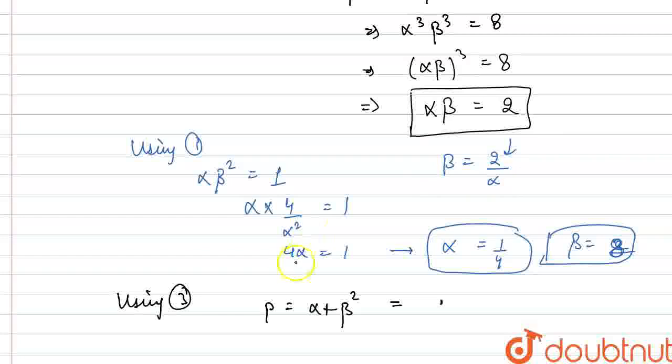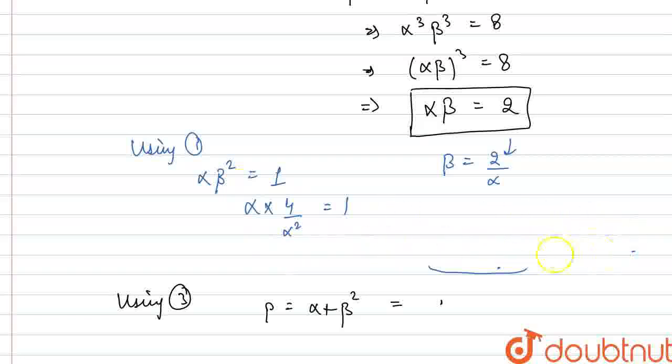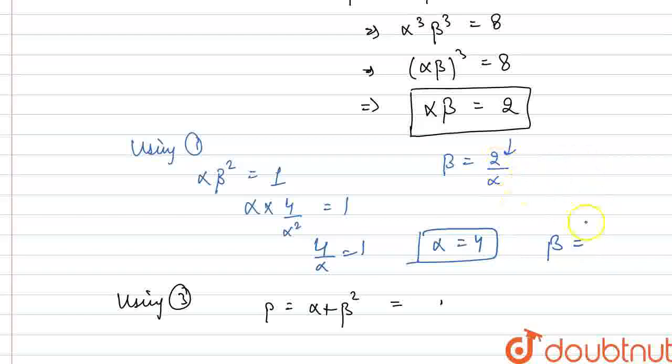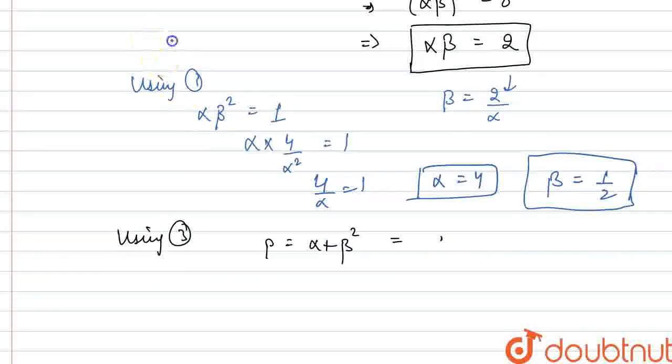Putting it here, this was written by mistake, let me just solve it again. This was 4 by alpha equals 1, so we get the value of alpha equals 4, and from here beta equals 2 by 4. That means beta will become equal to 1 by 2. This was for the first equation.